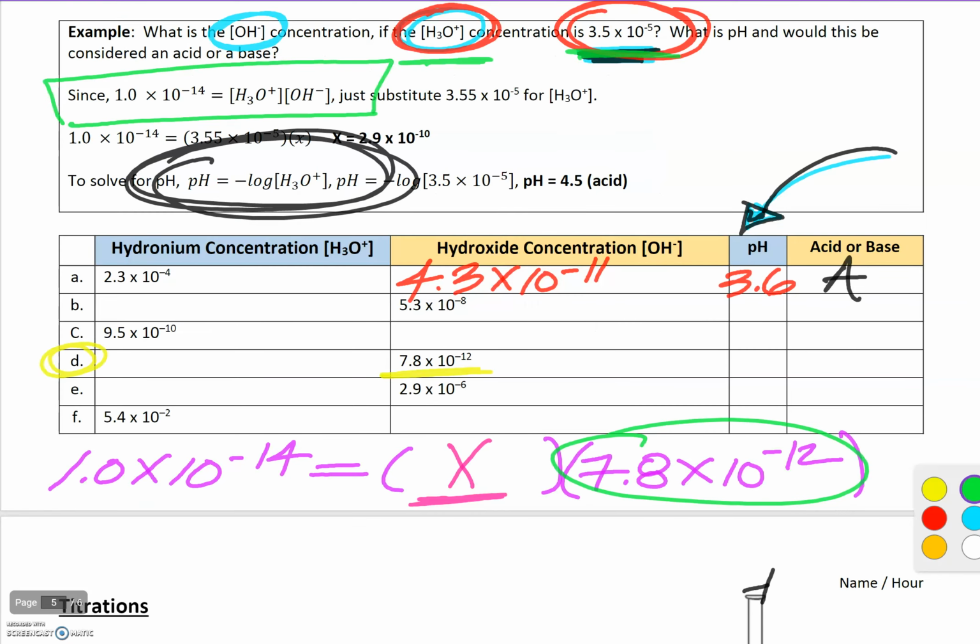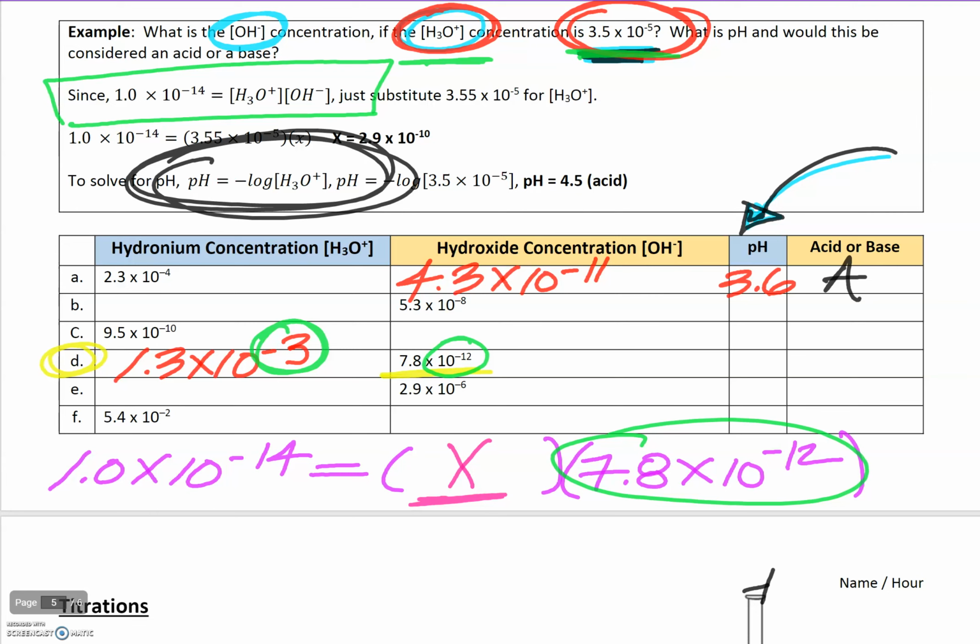So remember, I said that you needed the exponents to add up to negative 15. They do. Negative 3 and negative 12 add up to negative 15. Okay, so that's a good thing.